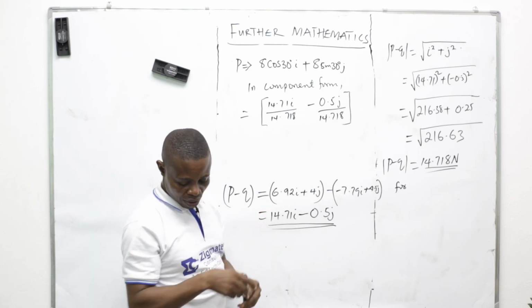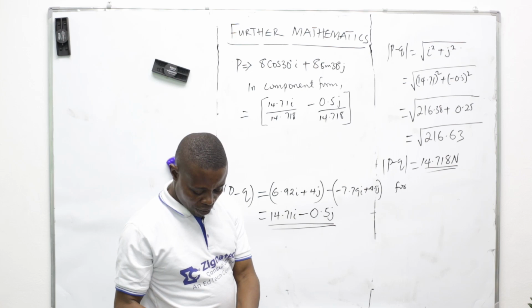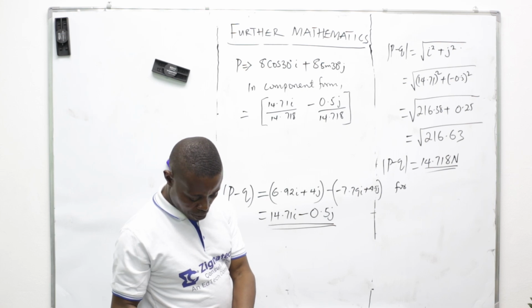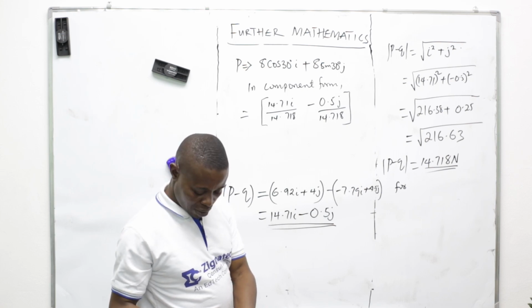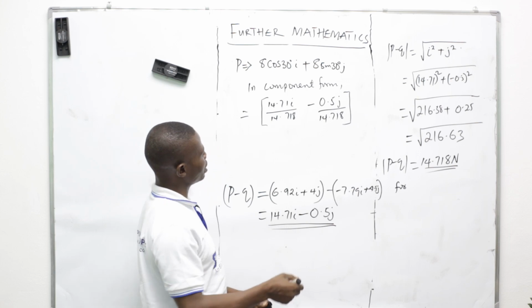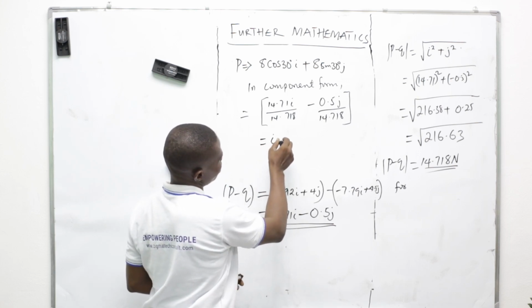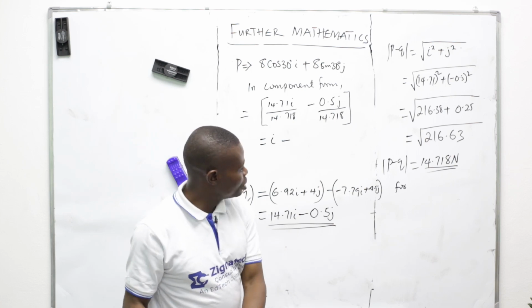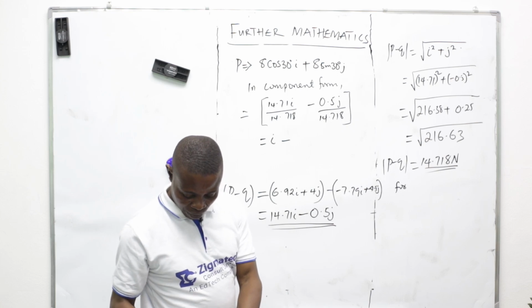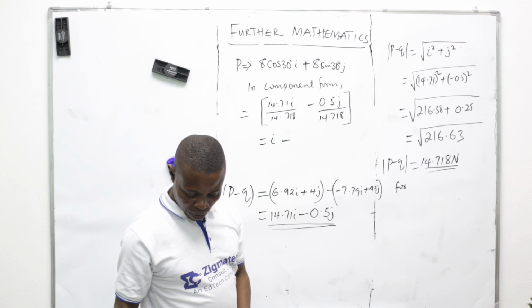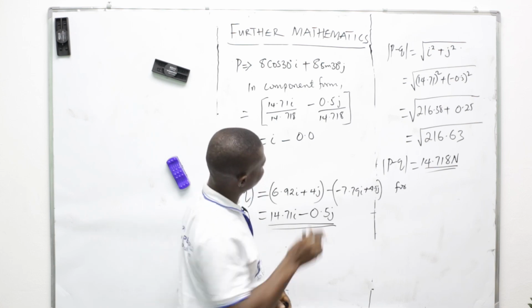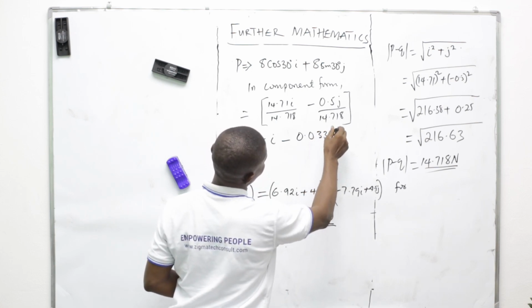Now let us reduce it. 14.71 all over 14.718 is 0.999, that is approximately I minus J, 0.5 all over 14.718, 0.00339J.